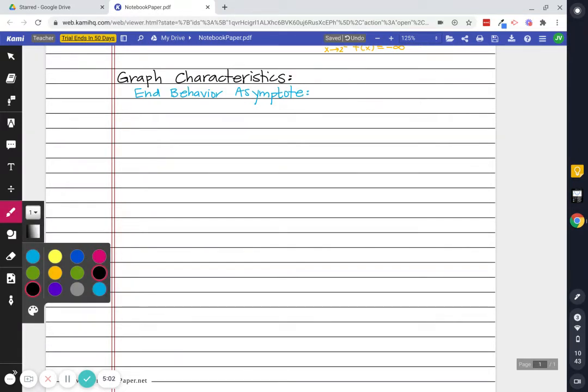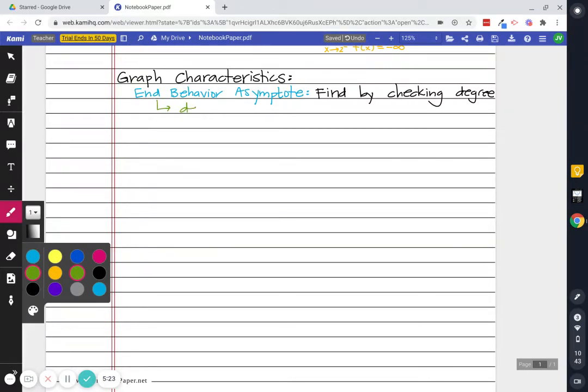To determine the end behavior asymptote, in other words, what's happening out at the infinities, we find it by checking the degree. Okay? One of three things will happen.